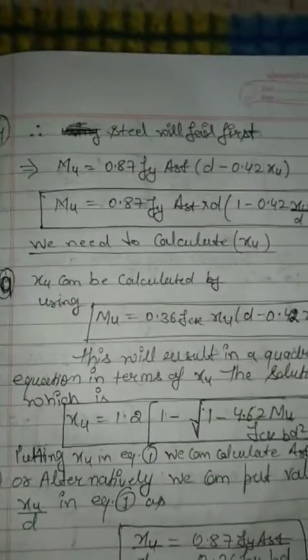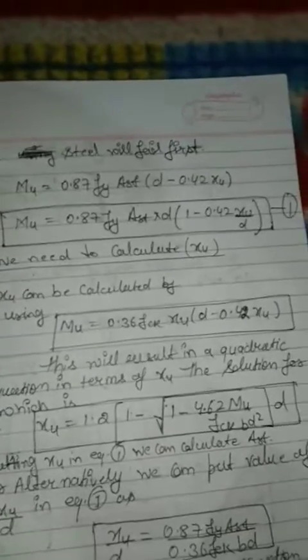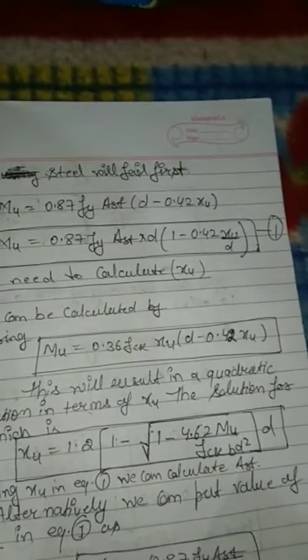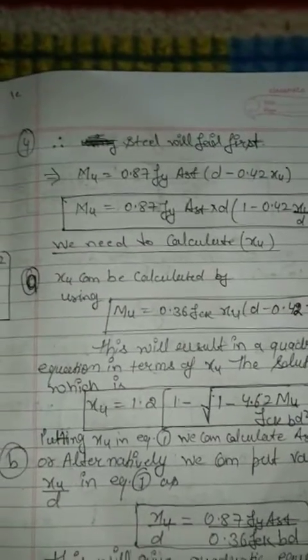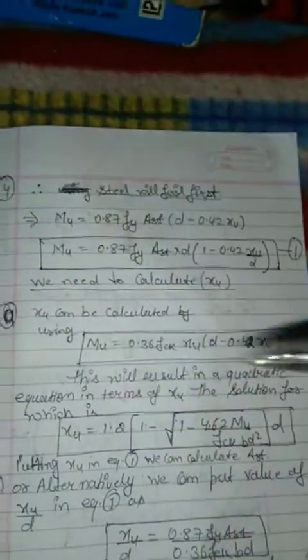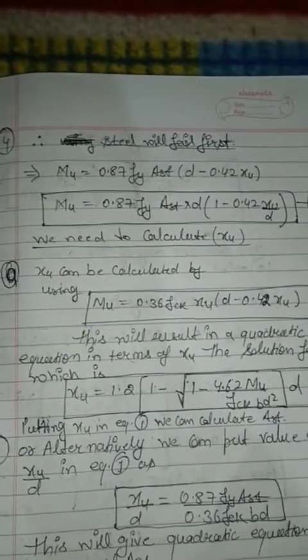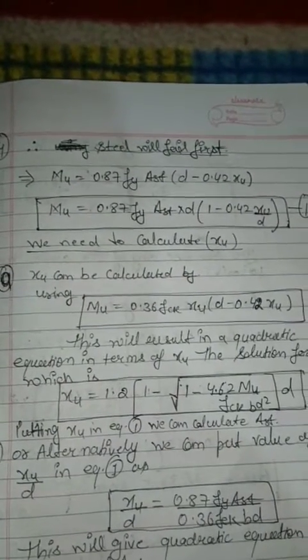Now in step number 4 we are going to calculate the steel which is required. Since this section is under reinforced, steel will fail first. This is desired, because if steel fails first, then it will give warning to us.